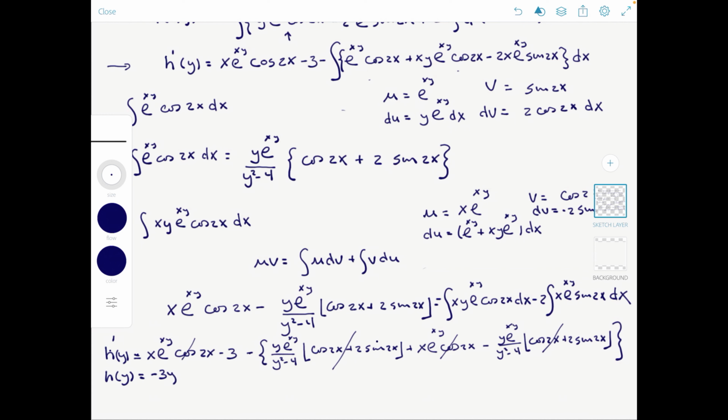You can see these two terms cross out, and this term and that term cross out, and you're left with h prime equals minus 3, which means h of y equals minus 3y.